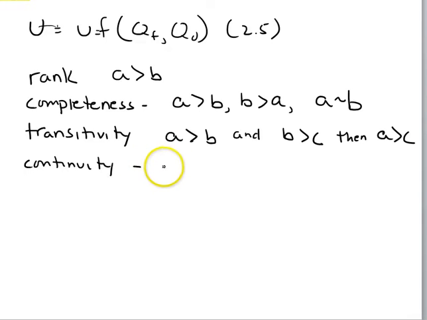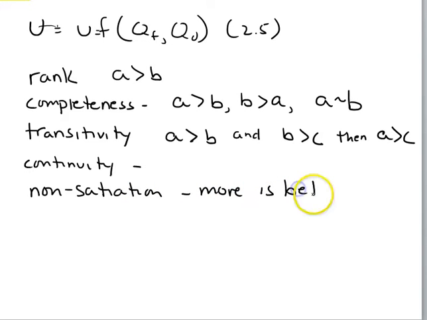I can't say I prefer A to B along some continuum and then I prefer B to C along another continuum. And then I also have non-satiation, or more is better.